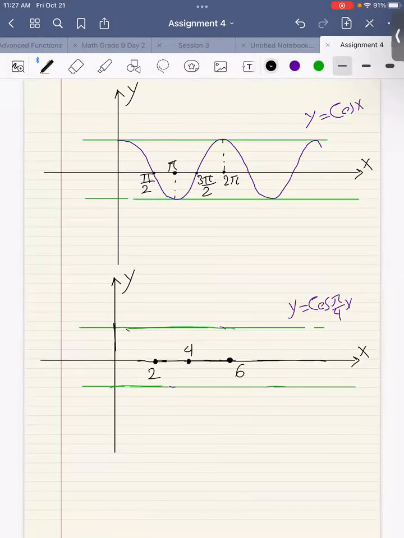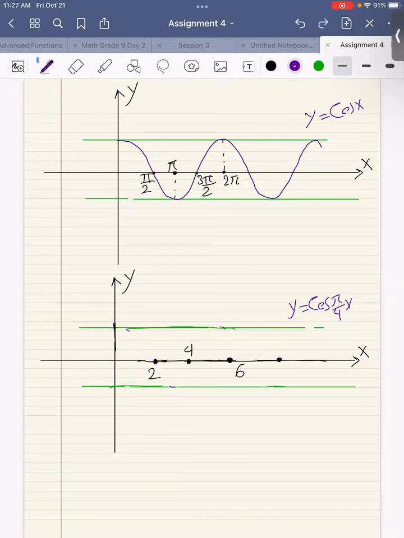And the next maximum would be 8. So it goes like this.